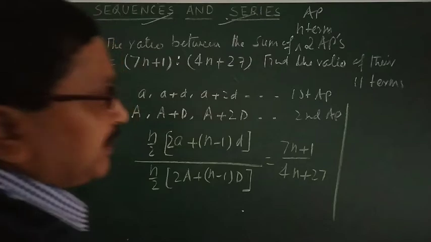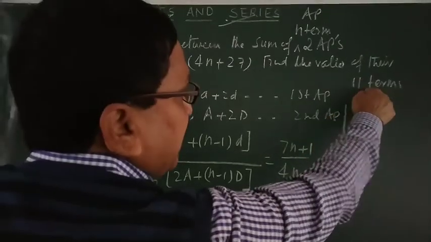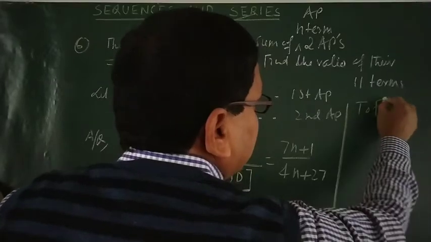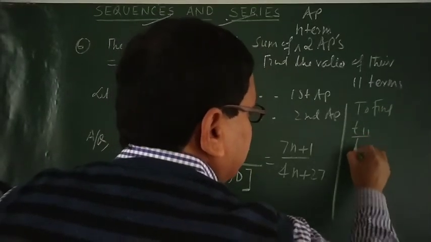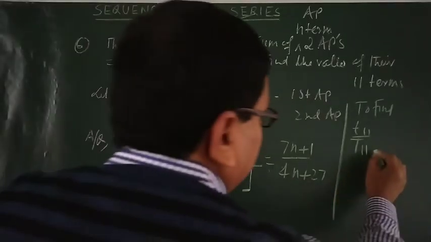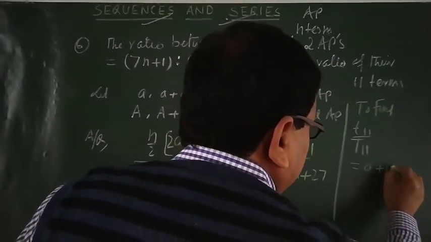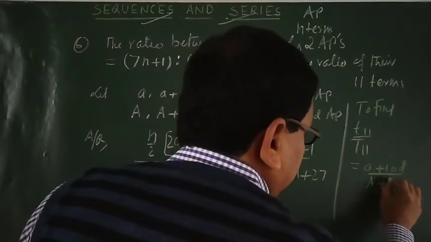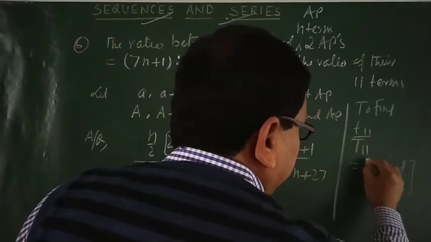Now what do we have to find? We have to find the ratio of the 11th terms, T11 by T11. Now T11 for this AP is a plus 10d, and for this AP, capital A plus 10 capital D. So you can multiply it by 2.